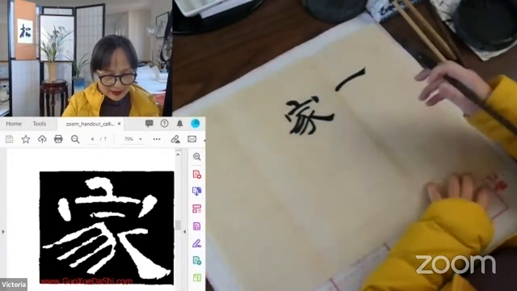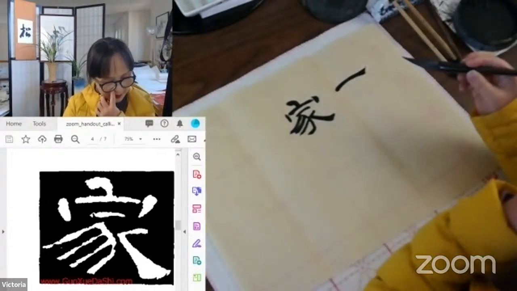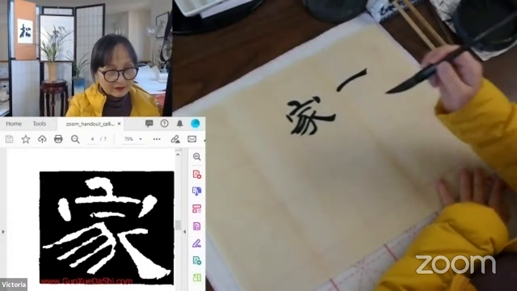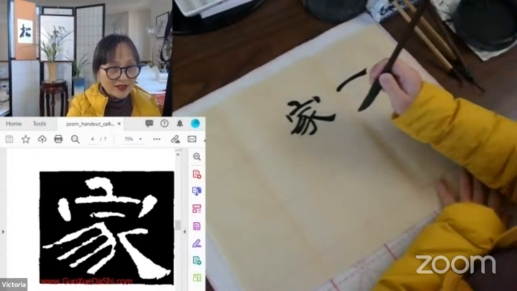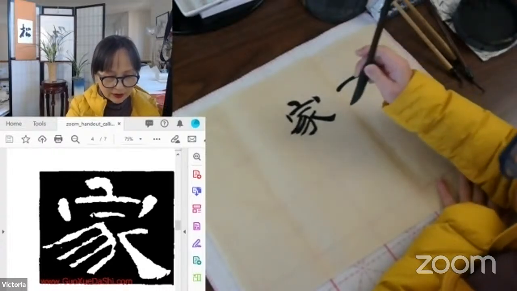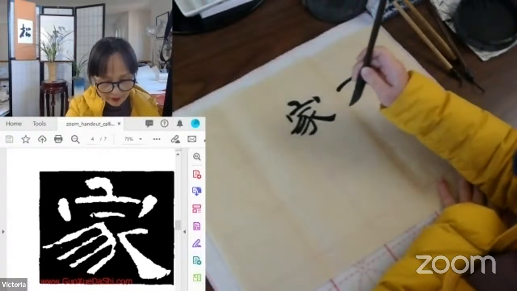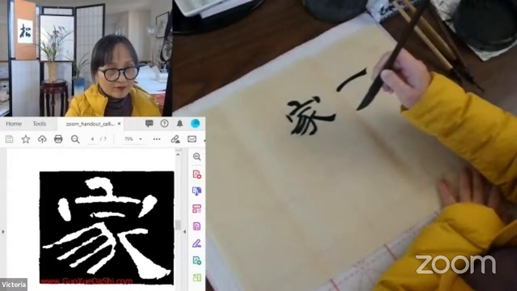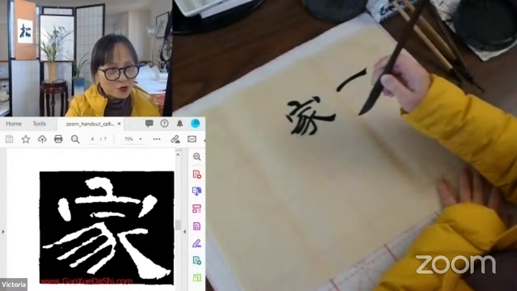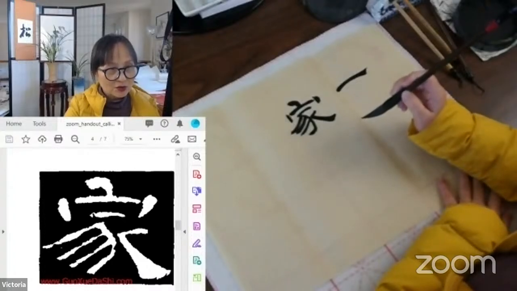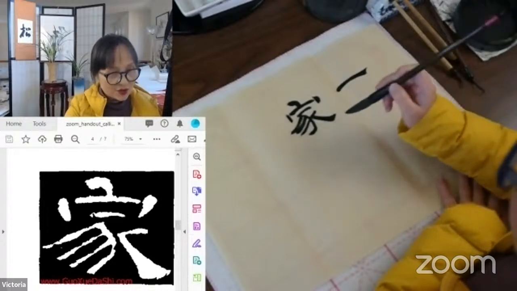So when you write, just remember the power you need to use, I mean how hard you hold the brush perpendicular to the paper to go. You do not have to show that much, but if you want to show something, this is the stroke to show.